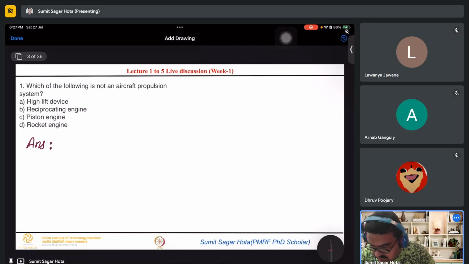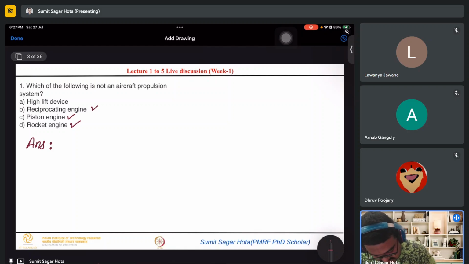So for this question, which of the following is not an aircraft propulsion system? Obviously a reciprocating engine and a rocket engine are aircraft propulsion systems. A piston engine can also be used in aircraft propulsion.